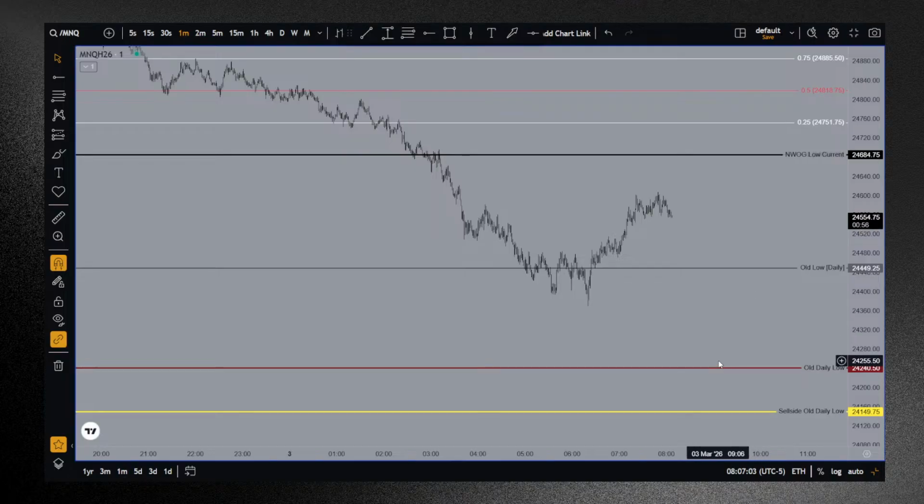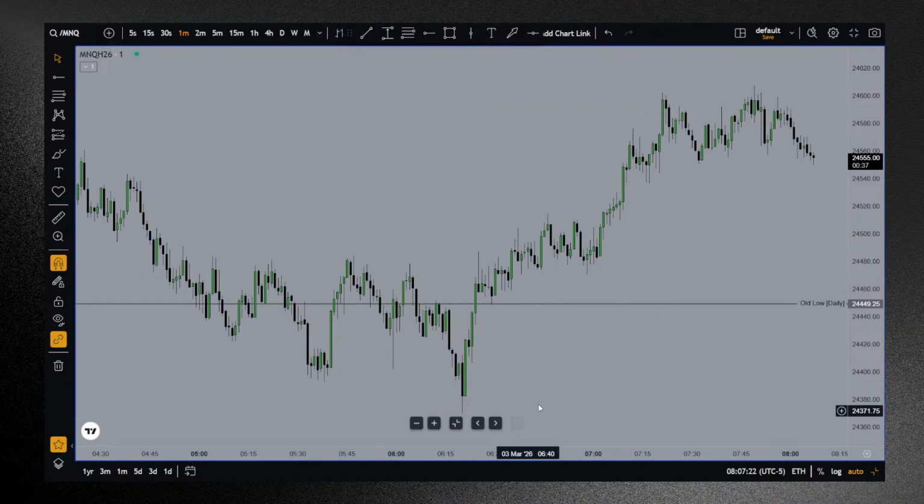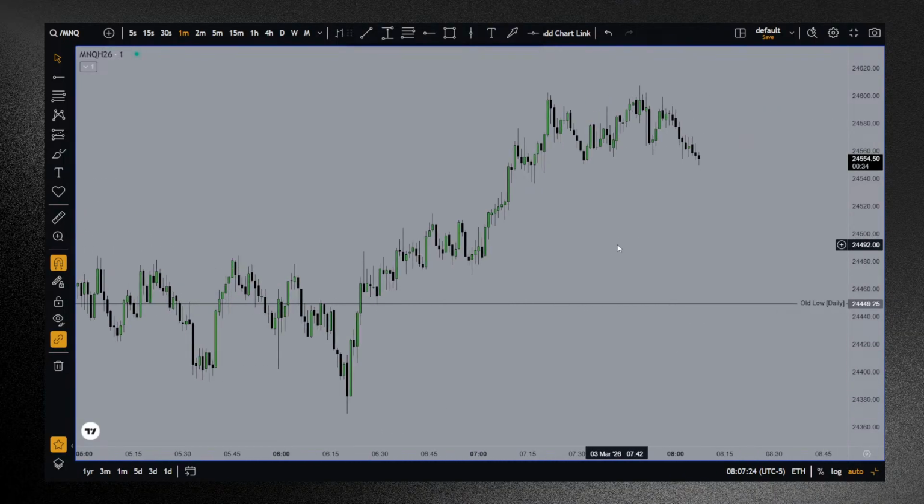I still think the old low sell side here is the primary draw and direction and higher time frame magnet. So keep that in mind.